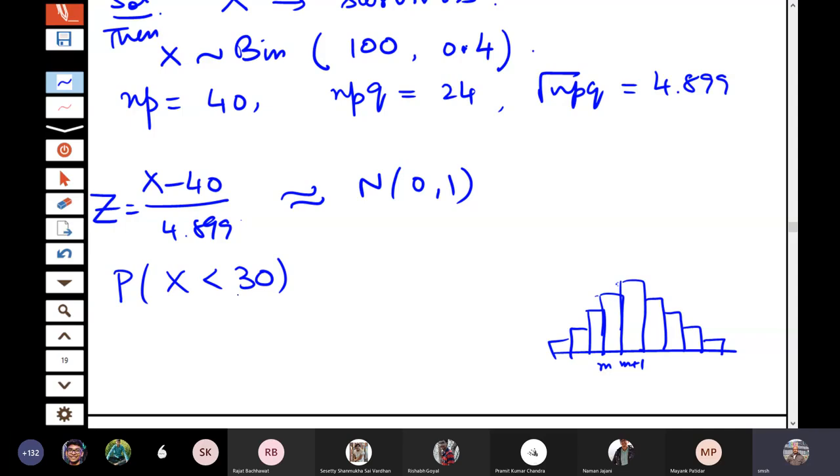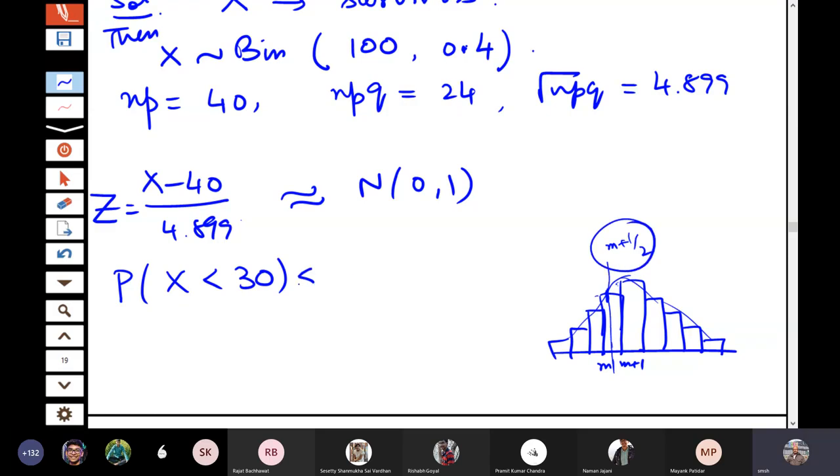So if I am approximating by a continuous distribution, a wise approach is to take the midpoint. We take M plus half here.